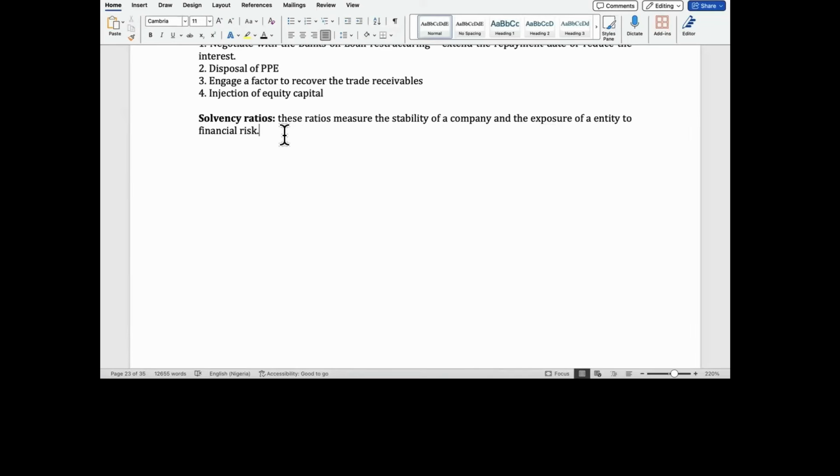Because if you can't pay, especially if those debts are secured on your assets, they can sell those assets. You'll be out of business if you don't have those assets, because they'll be your key assets that you really need to run a business.